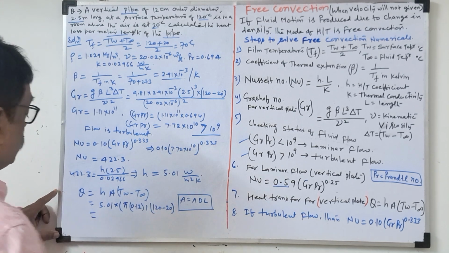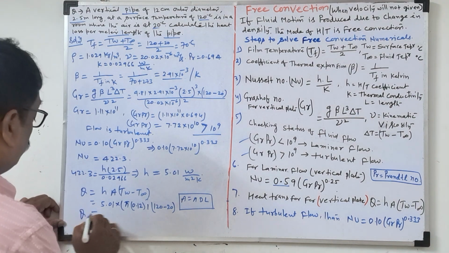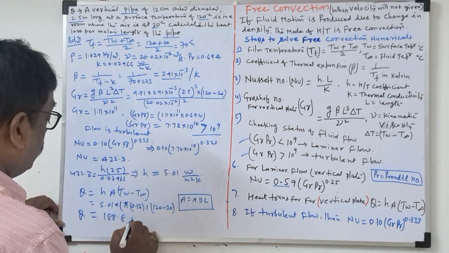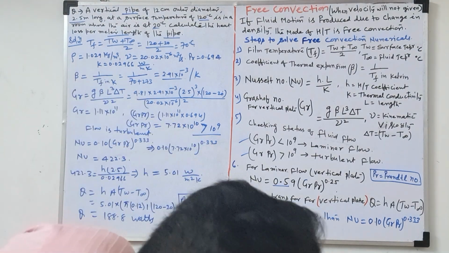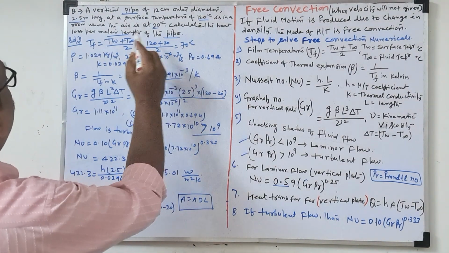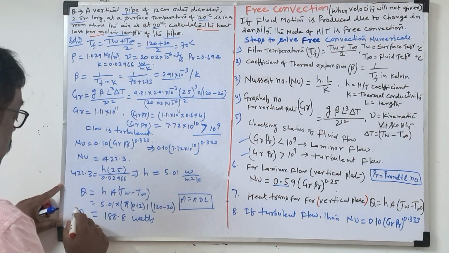So it is 5.01 into pi into 0.12 into 1 into 100, which comes to 188.8, so Q is 188.8 watts. This is what they are asking: calculate the heat loss per unit length.